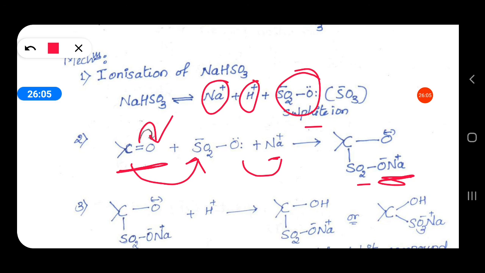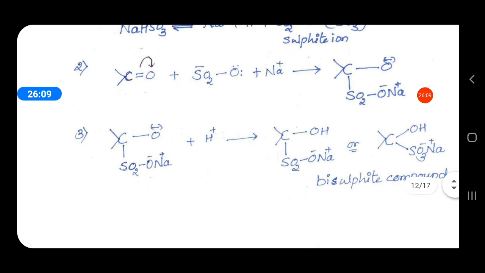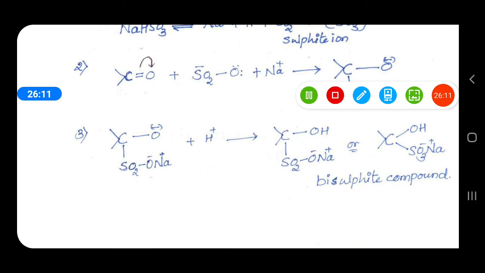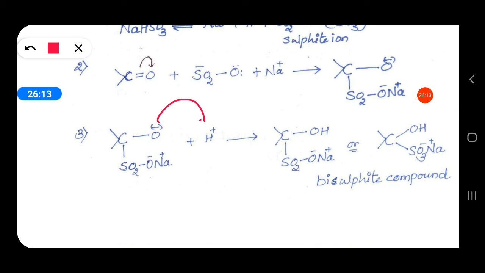As there is a negative charge on oxygen, it accepts a proton which is already present in the medium, and it forms OH. So bisulfite addition compounds are obtained. These are some nucleophilic addition reactions of aldehydes and ketones.